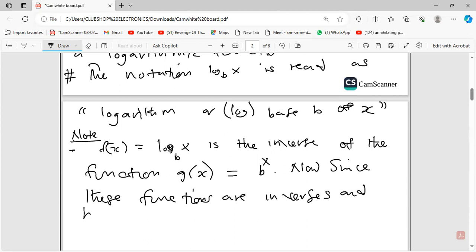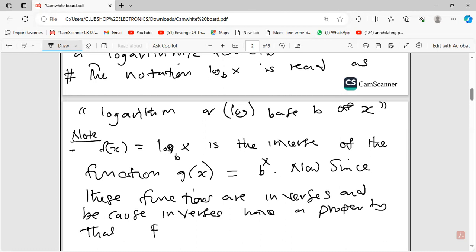And because inverses have a property that when you combine f and g of x, when you get a composite function for these functions, right? The answer will be x. All right?